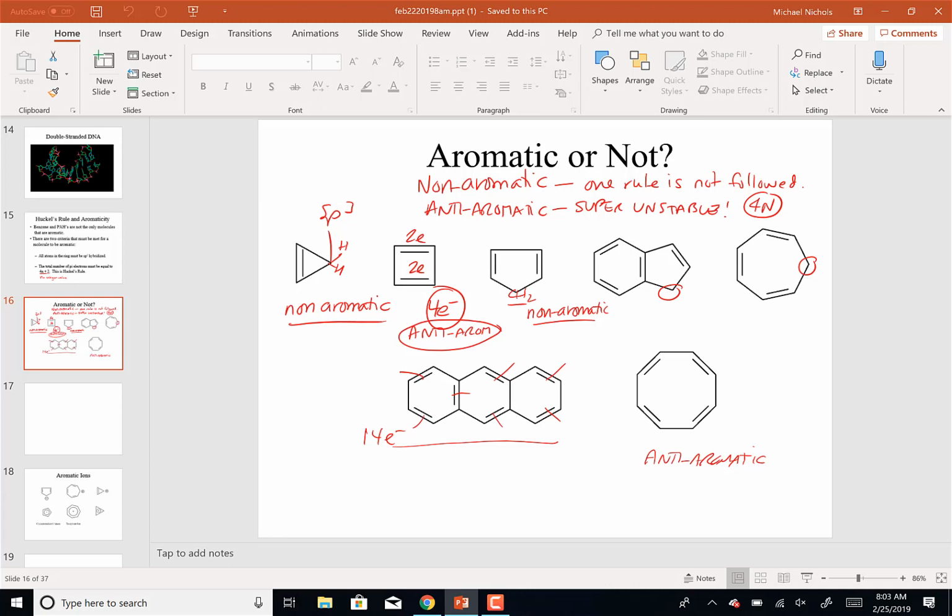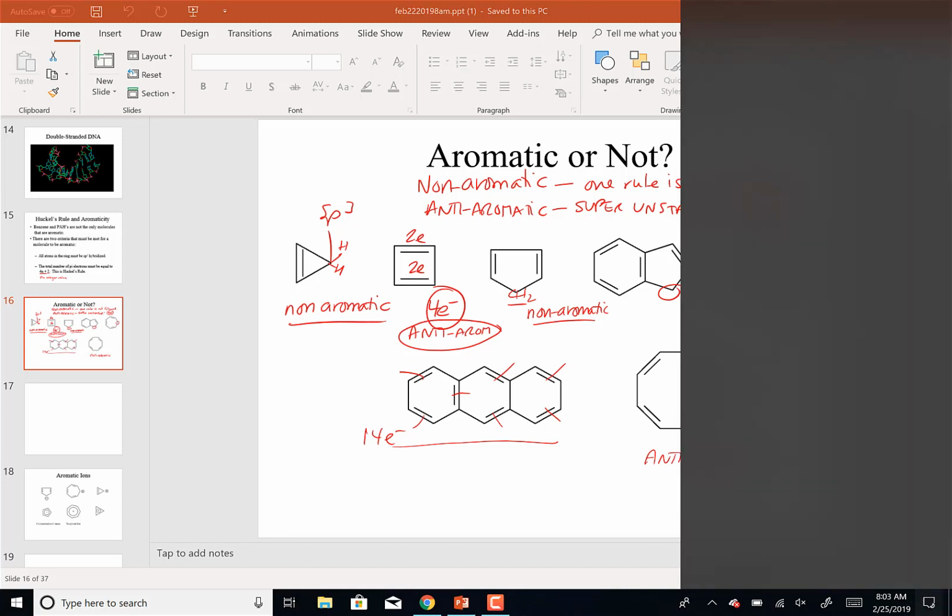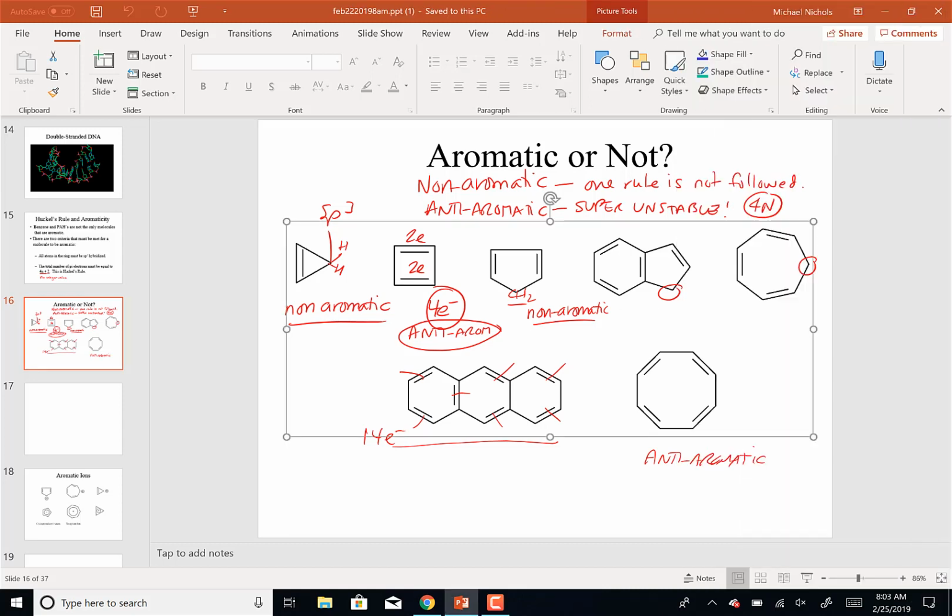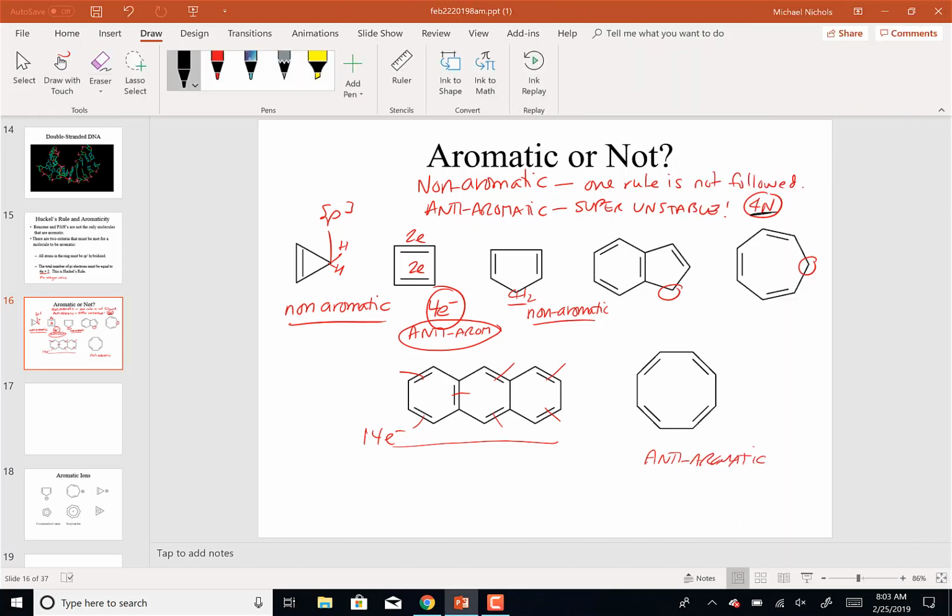And we looked at a couple of examples and expanded to say it could be aromatic, it could be non-aromatic, or it could be anti-aromatic, with anti-aromatic having all of the atoms sp2, but having a 4n number of electrons. So that's anti-aromatic.